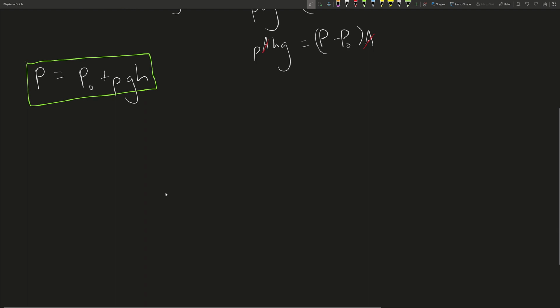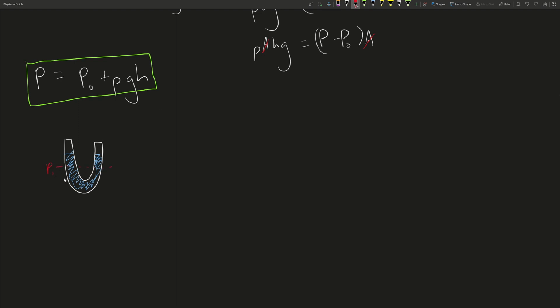So if we have a contraption that looks like a U-shaped tube here, and then we have some fluid here that's the same density and at the same height, at the same height, the pressure is going to be the same.